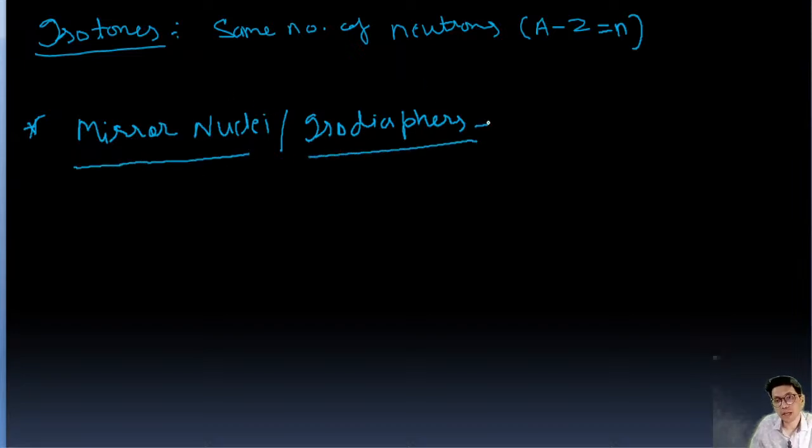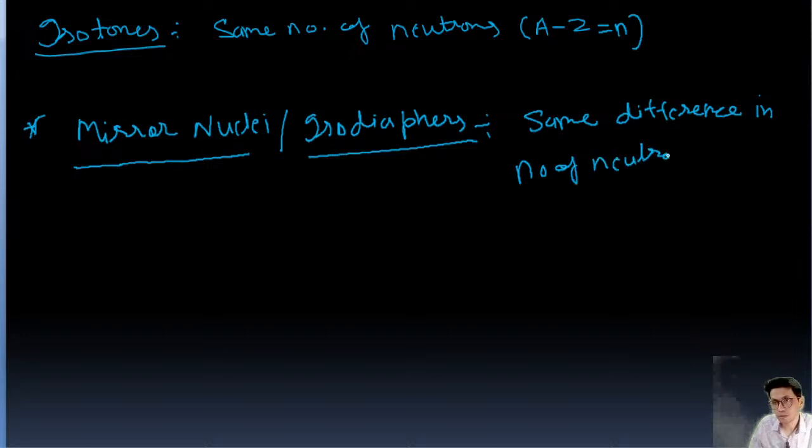Mirror nuclei or isodiaphers have the same difference in the number of neutrons and protons.